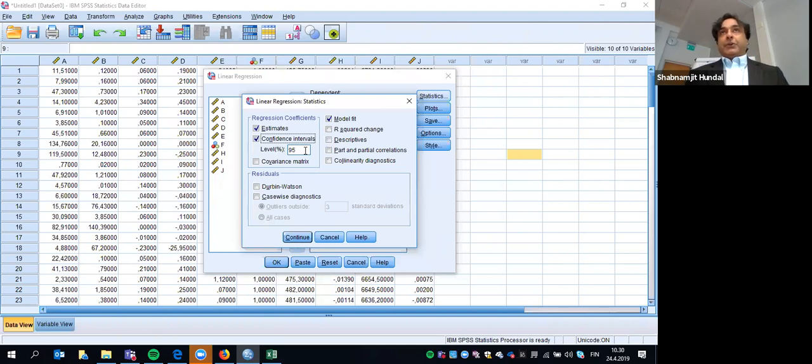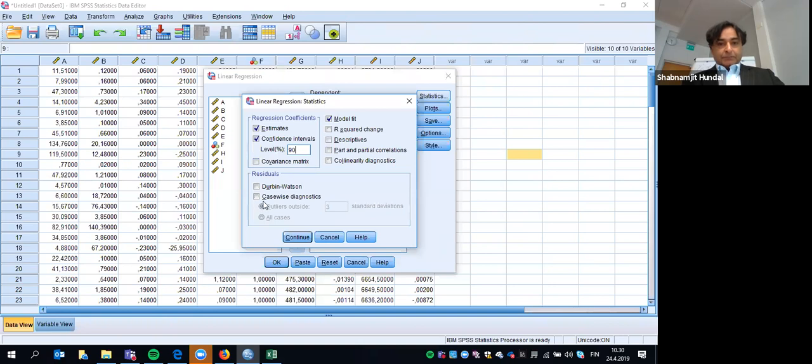But I recommend that it's not a bad idea to make it 90 so that we can accept 10%. In statistics, in econometrics, in empirical research, up to 10% level of significance, things are accepted. Right? It means that your minimum level of confidence should be 90%.